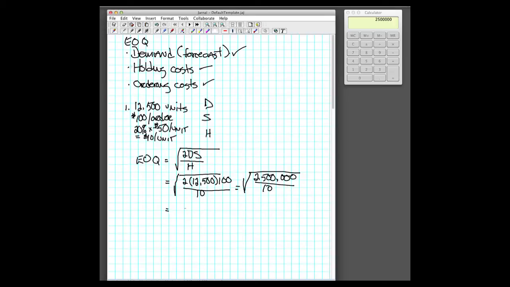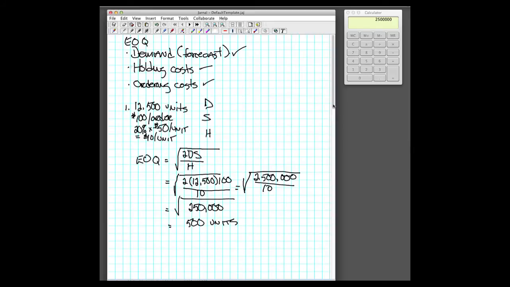That's going to equal the square root of 250,000, which is going to be 500 units. And so when we work through this process, every time we order to feed into our need to fund 12,500 units, the most economic amount to order is going to be 500 units. That's the so-called EOQ.